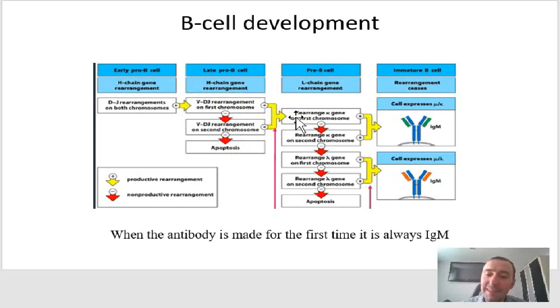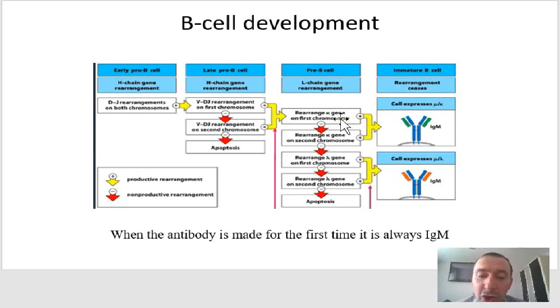The only difference with light chain is you get V to J recombination, because there only is a V to J region in the light chain. And you will try to rearrange the first kappa gene. If that's successful, then the B cell receptor gene rearrangement of heavy and light chain has been successful, and you then have an immature B cell.